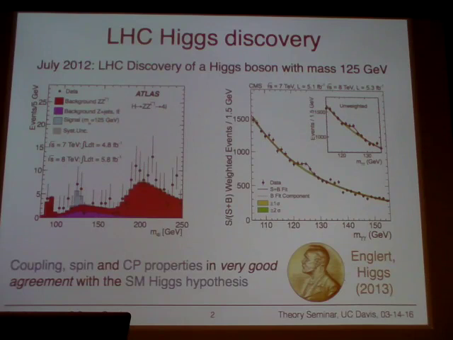So far, all the studies of the coupling properties, spin, and CP properties of this scalar boson are in very good agreement with the standard model hypothesis, and this has also led to the Nobel Prize being given to Englert and Higgs in 2013.